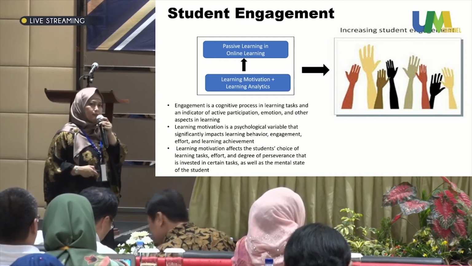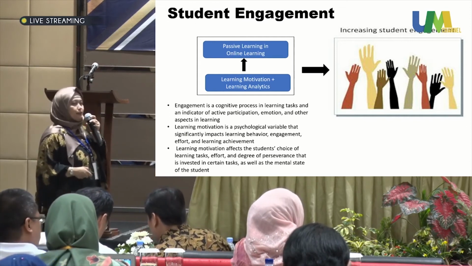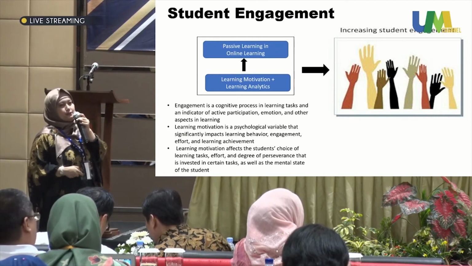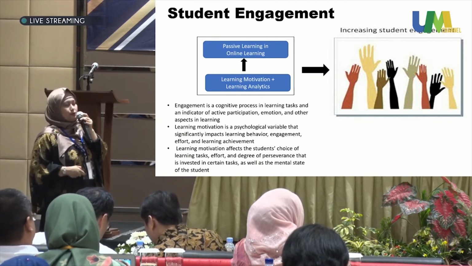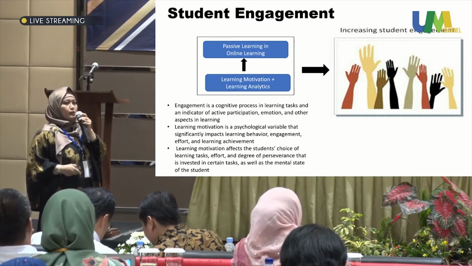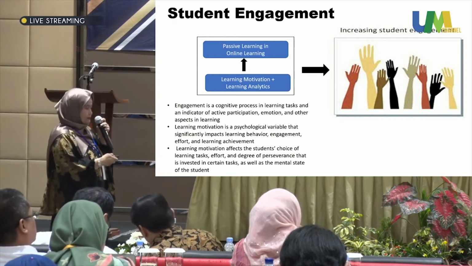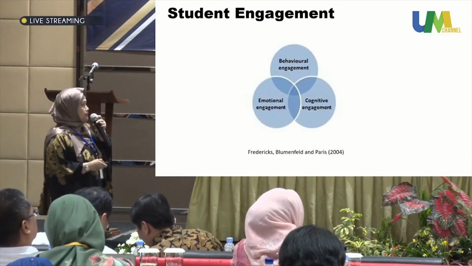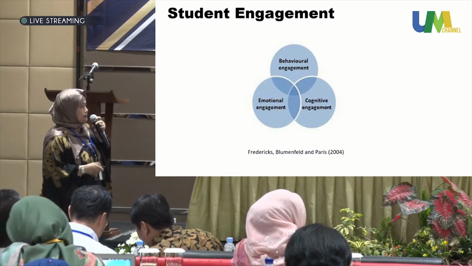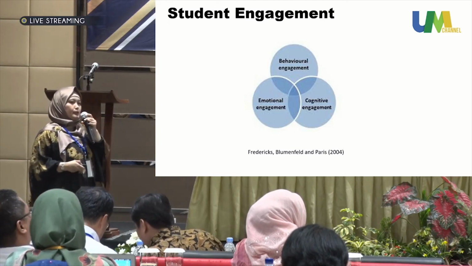As we know, learning motivation is divided into intrinsic motivation and extrinsic motivation. We can use these two types of motivation to enhance our learning analytic design. The student engagement consists of three parts, actually.